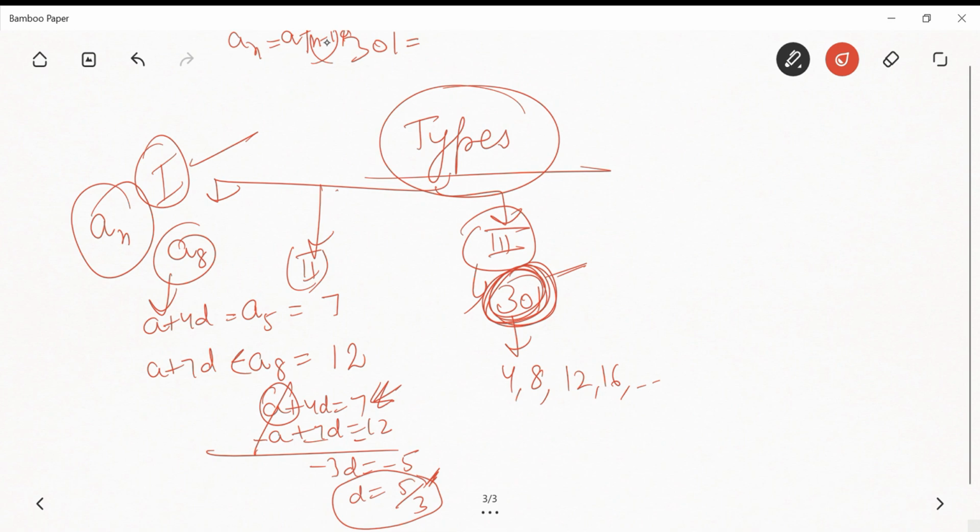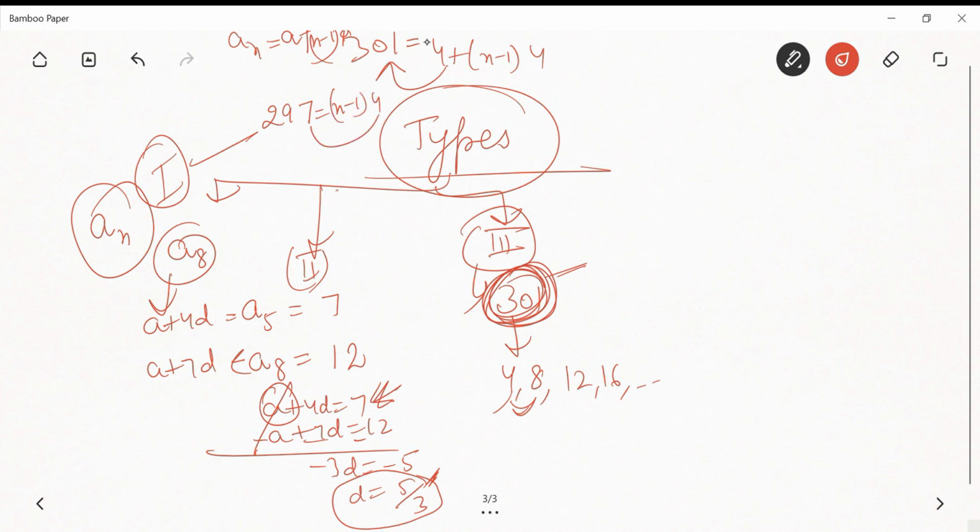So 301 is equal to the first term 4 plus n minus 1 into d, and d is 4, since there is a common difference of 4. Transposing 4 from RHS to LHS, if you subtract it, here you will get 297 is equal to n minus 1 into 4.